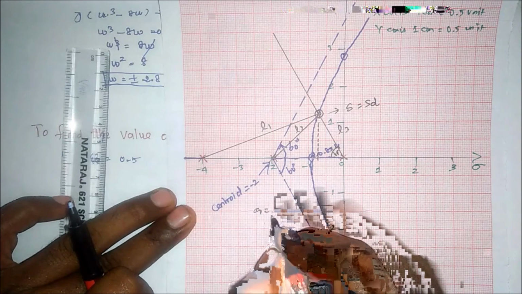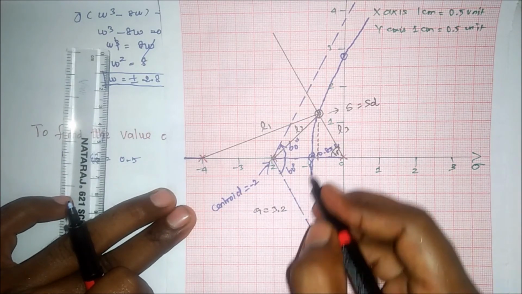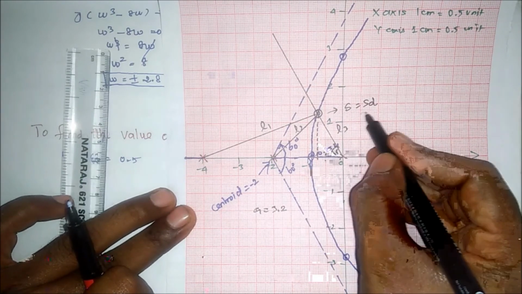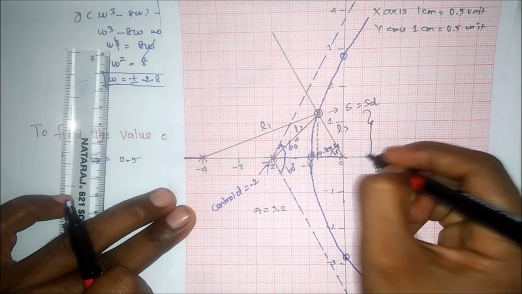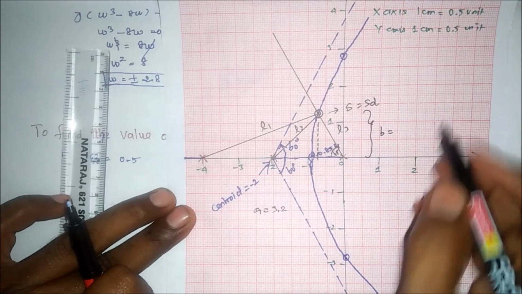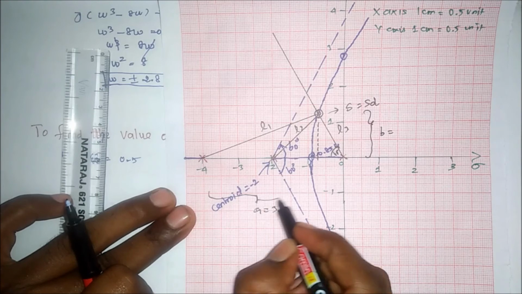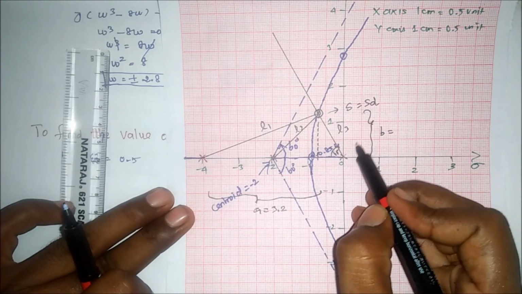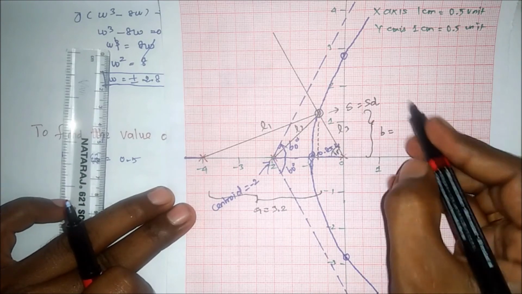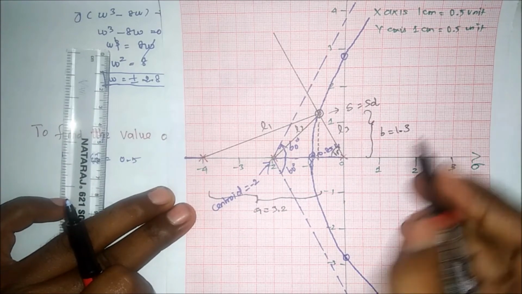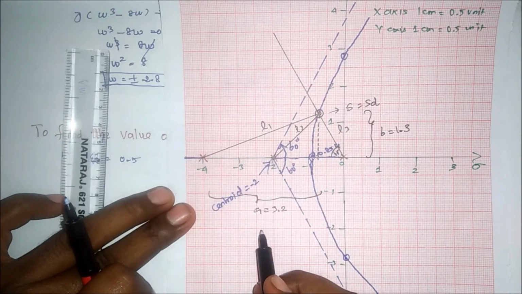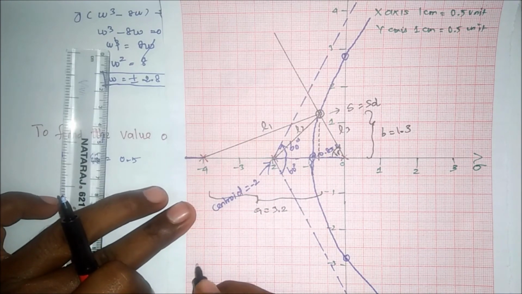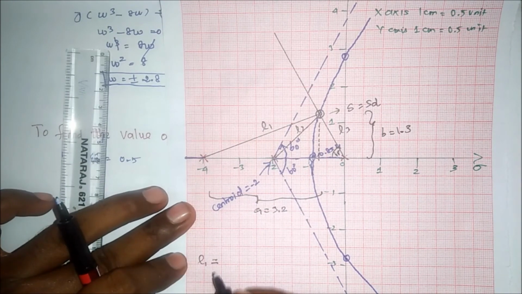So we can say 3.2, the bottom 3.2. Here, we can say B. So now this is A from this point to this point. So B value equal to 0.3. So now for this right angle triangle, by using Pythagoras theorem, we can calculate the value of L1.